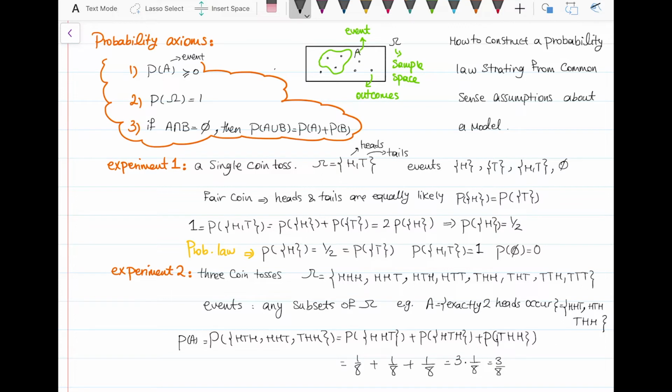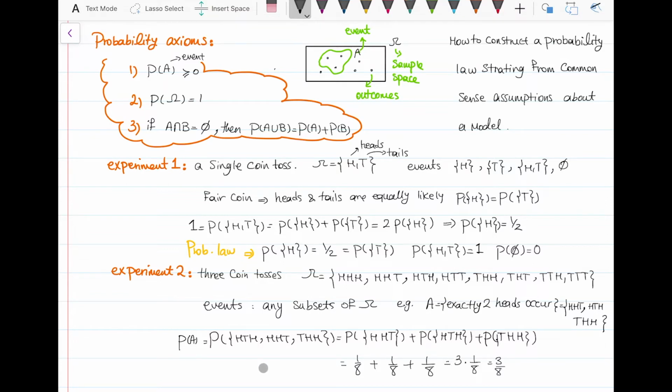So 3/8. As you see, if you do the same thing for all the events, all the subsets of omega, this probability law says that the probability of any event is equal to 1/8 times the number of possible outcomes contained in this event.